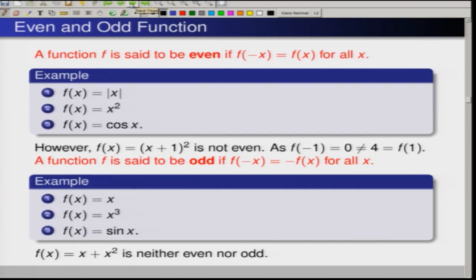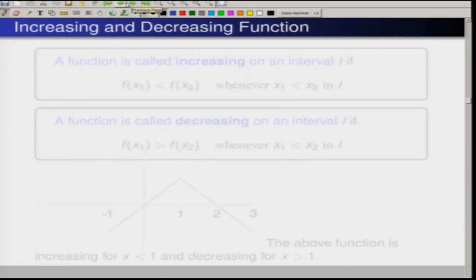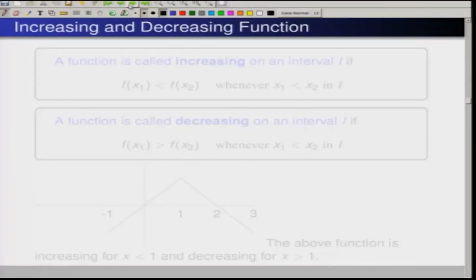So, there can be functions which are either even or odd, or neither even nor odd. Now another important thing to know about functions, which will be very useful, is increasing and decreasing functions. So, what is an increasing function?